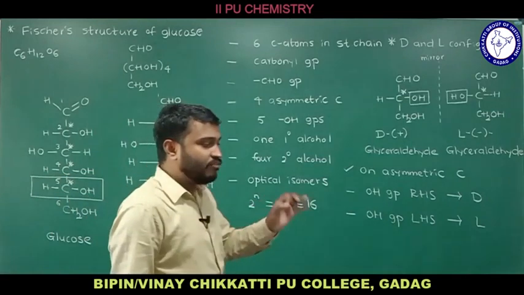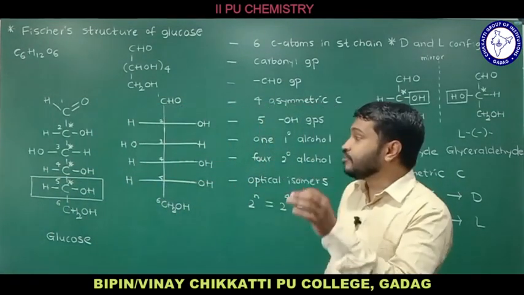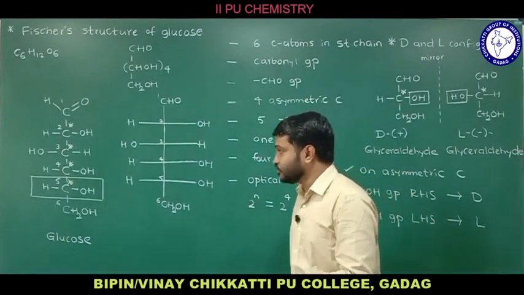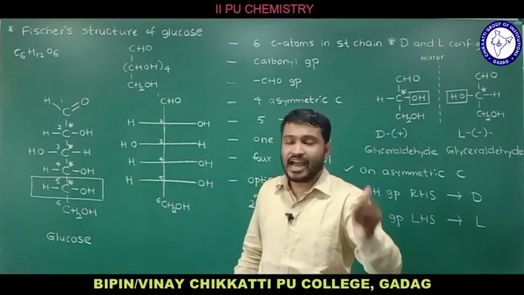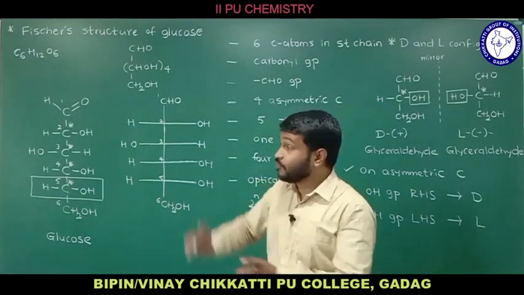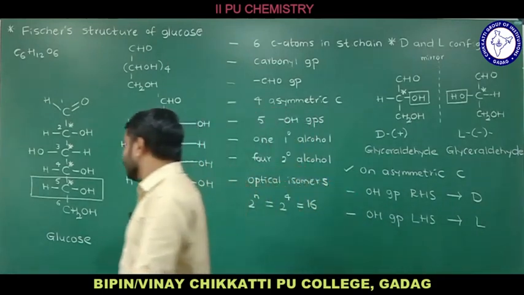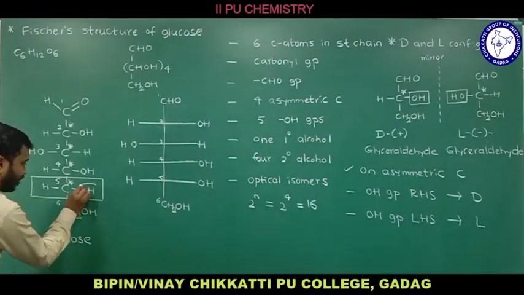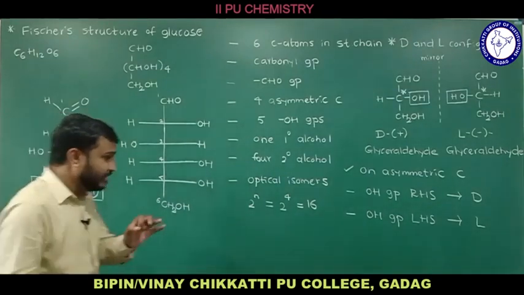If we have more than one asymmetric carbon, consider the asymmetric carbon which is at most distance or far away from the functional group. In the structure of glucose, carbon number 5 is the asymmetric carbon which is at most distance from the functional group, that is aldehyde. So now on this asymmetric carbon, you observe that OH is on the right hand side. We know that if OH is on the right hand side of the asymmetric carbon, then we represent it as D, therefore glucose is D-glucose.